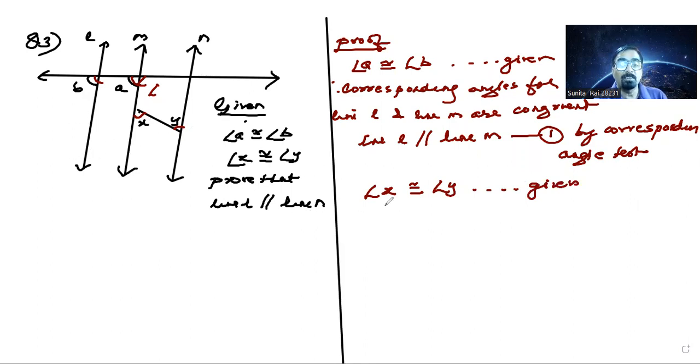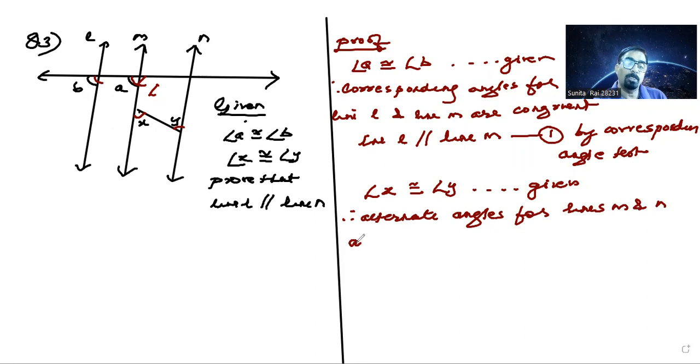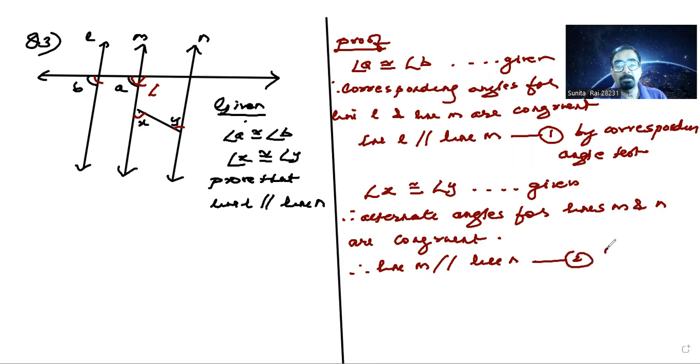Therefore, alternate angles for lines M and N are congruent. Therefore, line M parallel line N by alternate angle test.